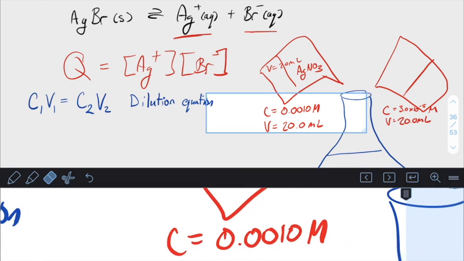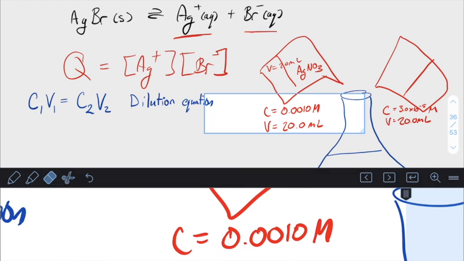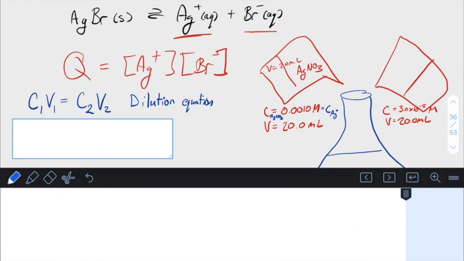So for example, here, this is the concentration of silver nitrate, but it is also equal to the concentration of silver. Hopefully you agree with me.